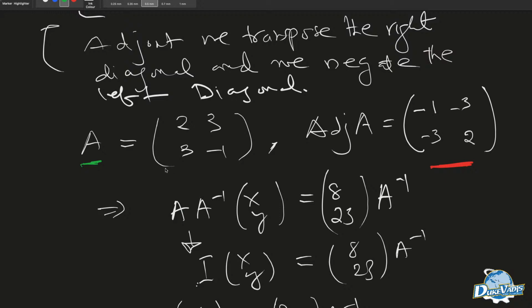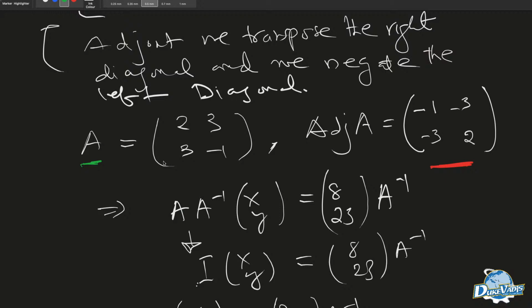Then we negate the 3's on the right diagonal. So this is the adjoint. And when we combine the adjoint and the determinant, it gives us the inverse of the matrix.